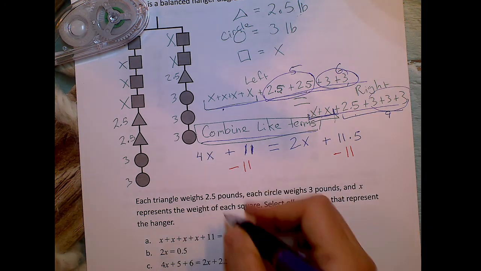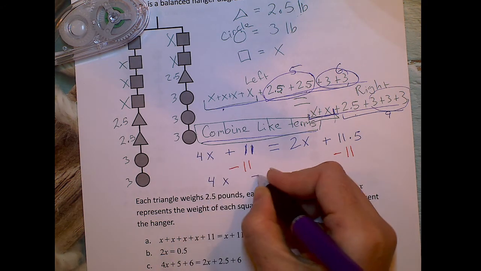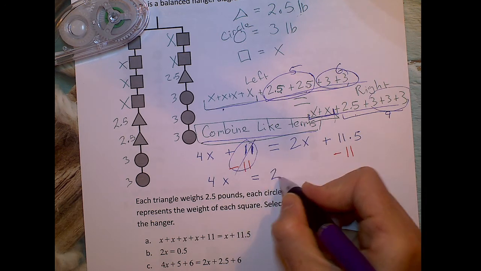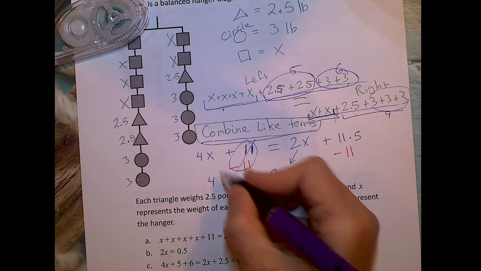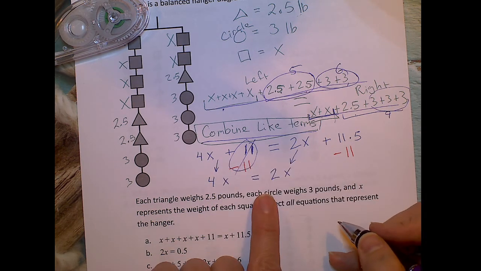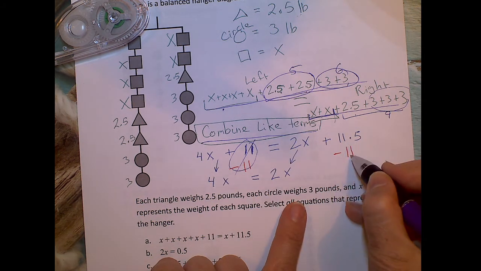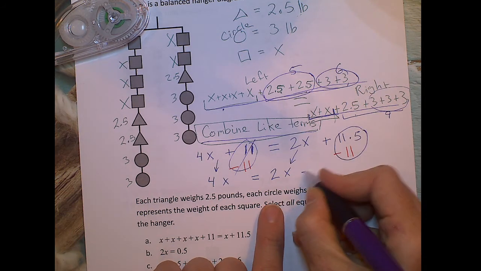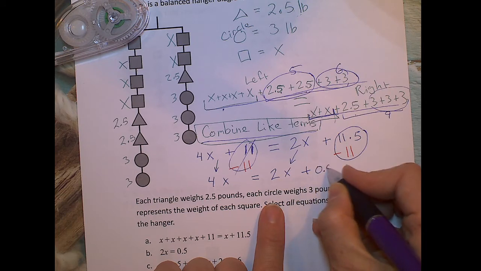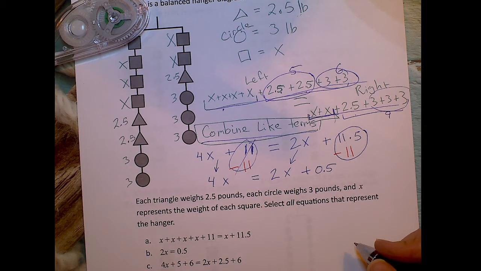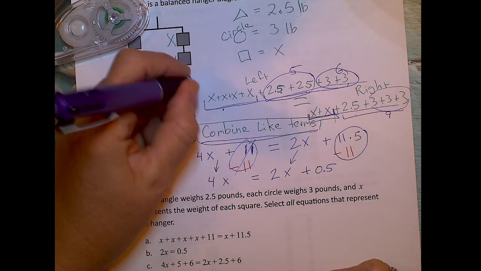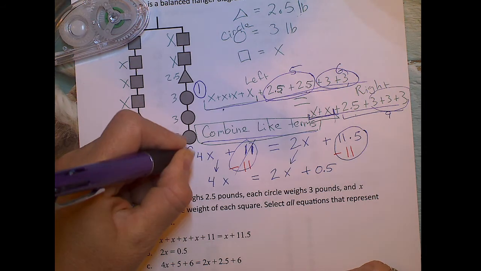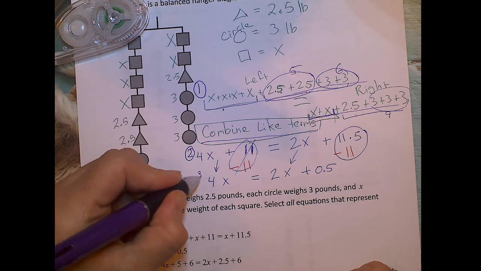Now I'll write my equation again. I get 4x equals, now 11 minus 11, that's 0. 2x, just bring that down. And then 11.5 minus 11, that equals 0.5. So I went from this equation, and it is equal to this equation, and it is equal to this equation.